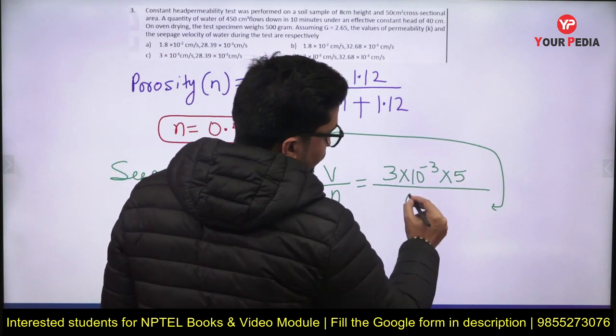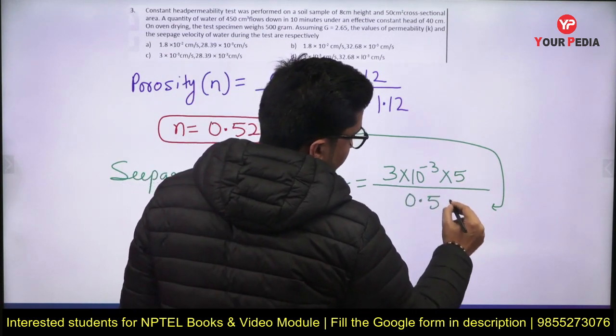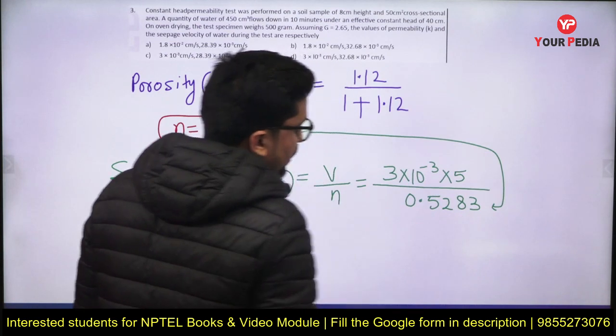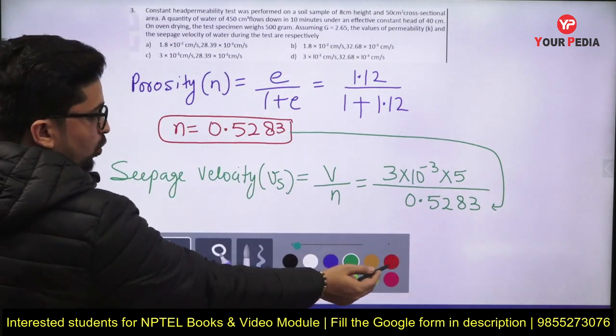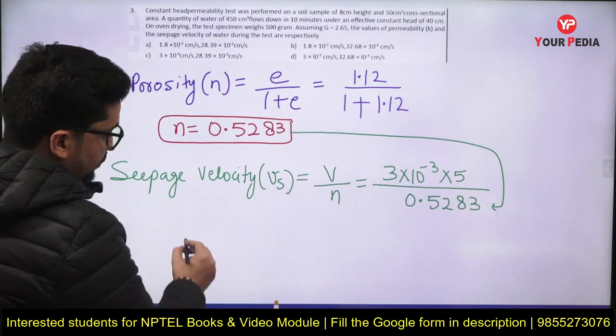So let us substitute the value of porosity from above, and on solving this, you will get the value of the seepage velocity.